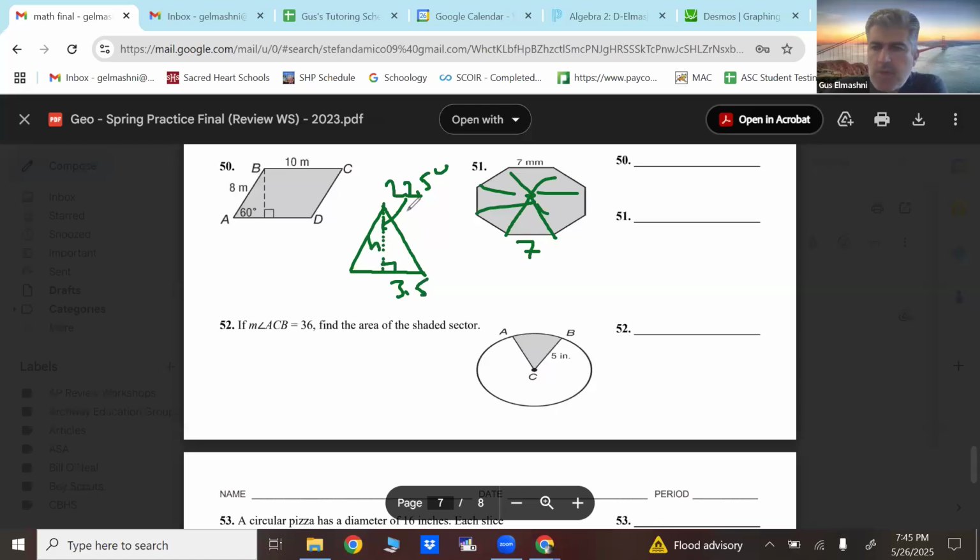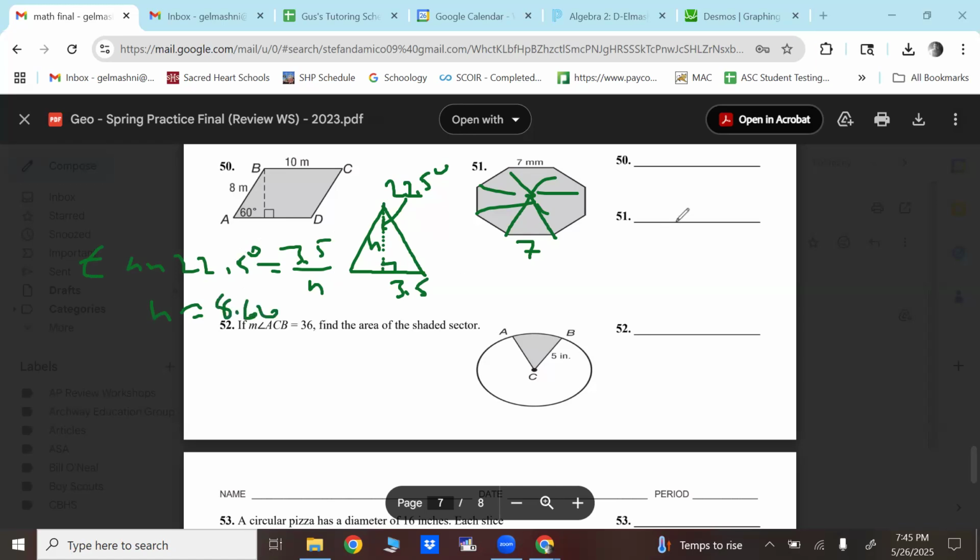And that's a height. So you're going to use some trig. So tangent of 22.5 degrees equals 3.5 over h. If you solve for the height, you get 8.66. You got 8 of them.